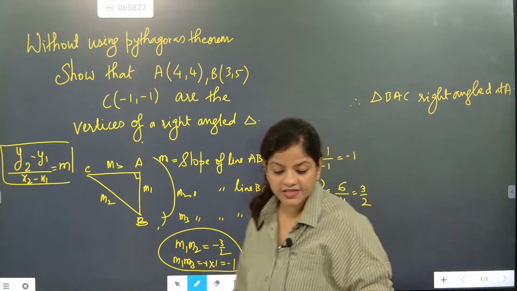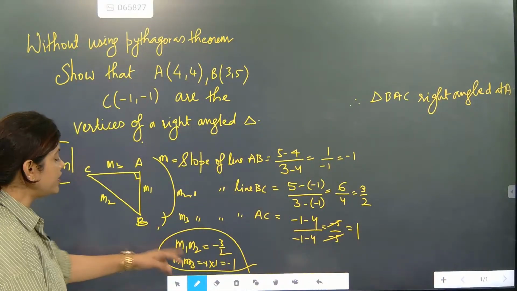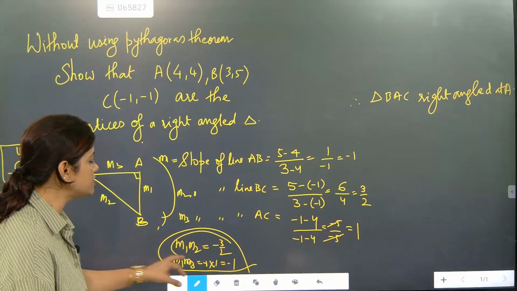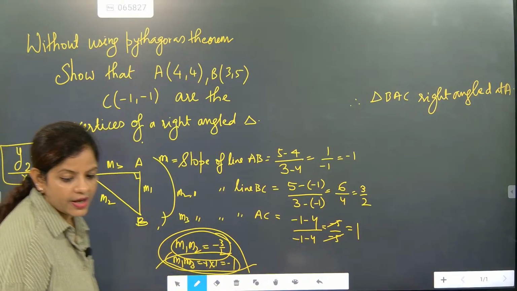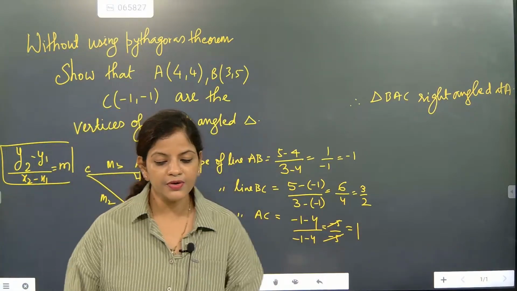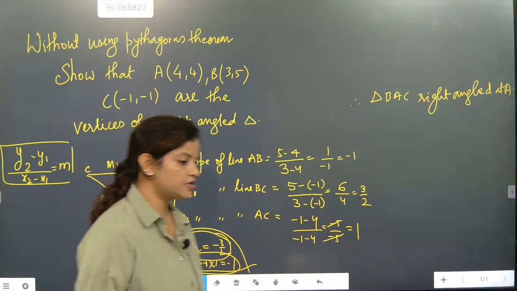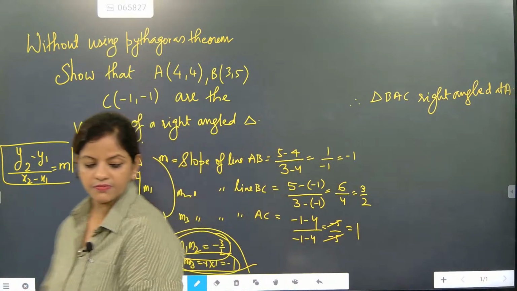This is an NCERT question. M1 into M2 is coming as minus 3 by 2. M1 into M3 is coming as minus 1. That's the most important thing.